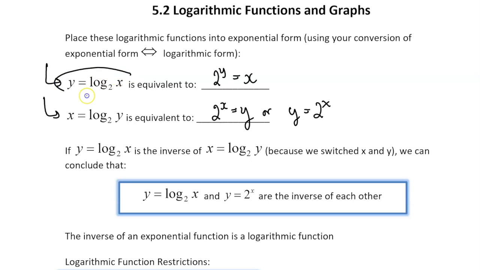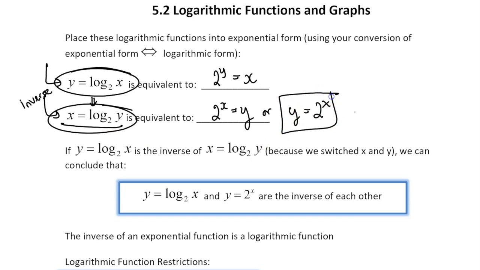Now, think about what we've just said here. y equals log base 2 of x is definitely the inverse of x equals log base 2 of y. We switched x and y, so these are the inverse of each other. And if x equals log base 2 of y is equal to y equals 2 to the x, then that must mean that y equals log base 2 of x is the inverse of y equals 2 to the x.